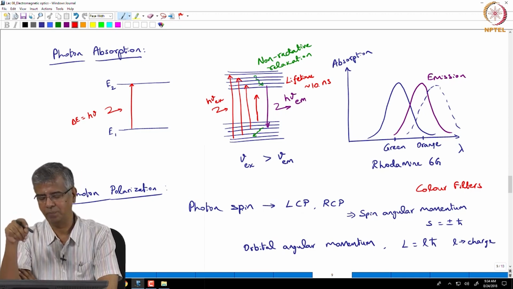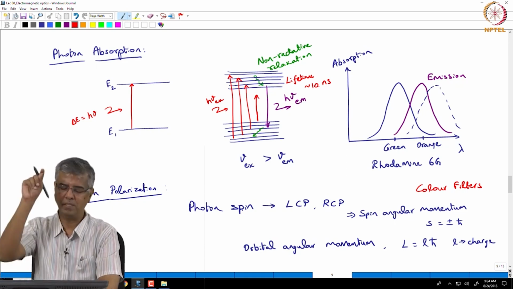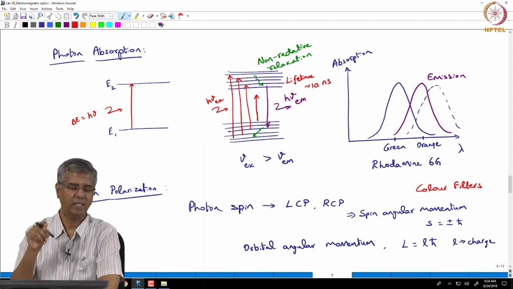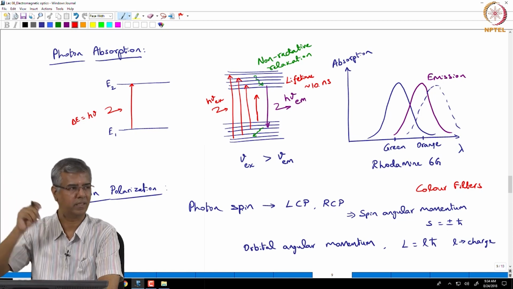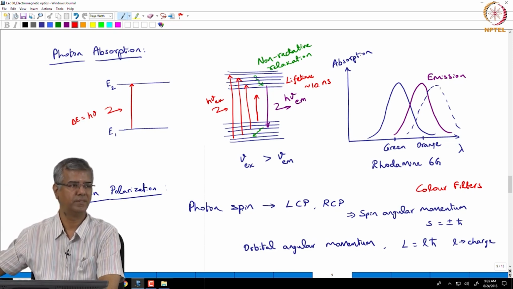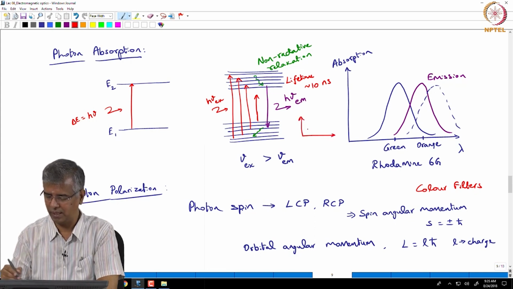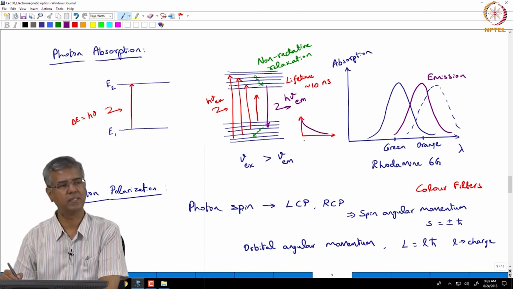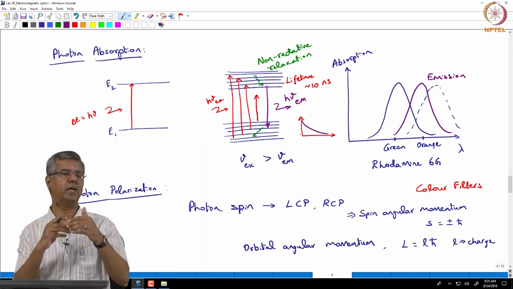In fact, this lifetime is defined as follows: if you send a pulse of light for the excitation, you will have an emission corresponding to that which will be high initially because a large number of electrons are at the higher energy level, and then some of those electrons start to emit. So the fluorescence as a function of time comes down in an exponential manner, because there is a finite reservoir that is built in.